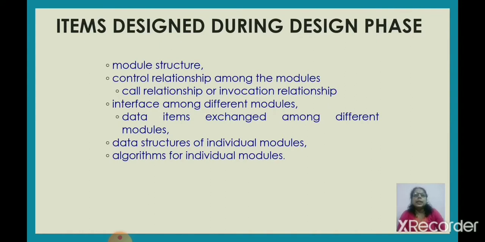The next is the items designed during the design phase. Means what are the items that are designed in this phase? First is module structure. From the SRS document, the software engineers first design the different modules. Then control relationship among the modules, call relationship or invocation relationship. Means after module design, they decide which module calls which module, or which module invokes the other module.